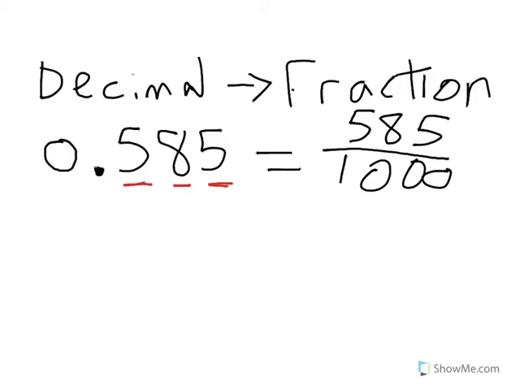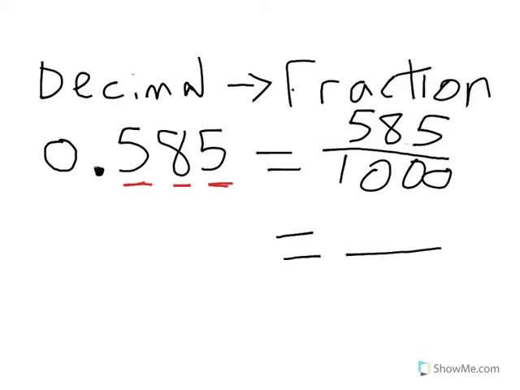Well, 5 goes into both 1,000 and 585. So how many times? Well, the quick method of dividing by 5 is dividing by 10 and multiplying by 2. So dividing by 10 would be moving the decimal place 1 spot, so that would be 58.5, and then multiplying that by 2 would be 100 plus 16 plus 1.